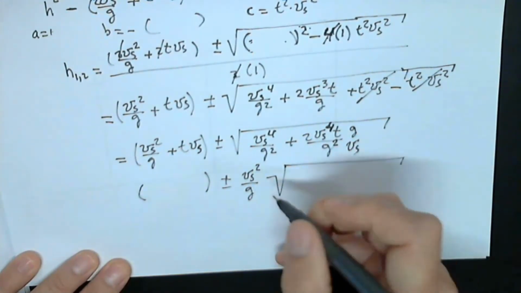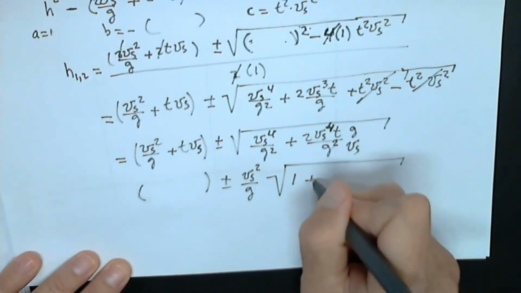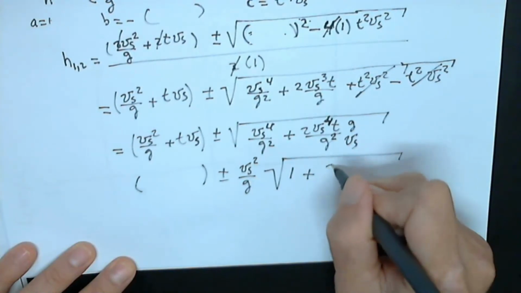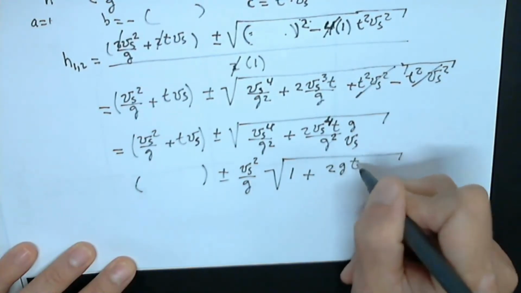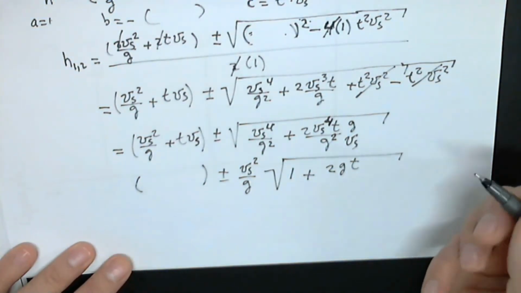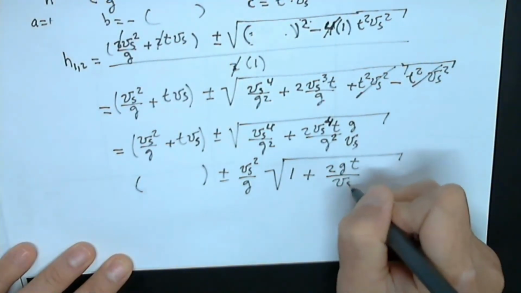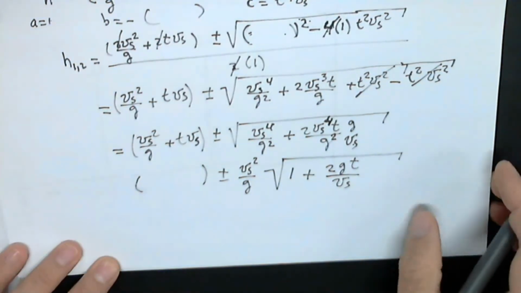Anytime I have a square root, I like to have 1 plus something. And I have over here 2 gt, gt has units of velocity, divided by bs, that is velocity. So this is dimensionless.